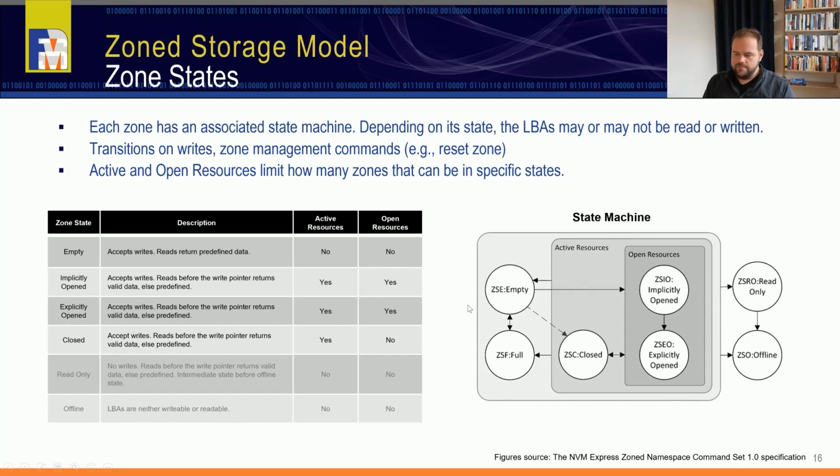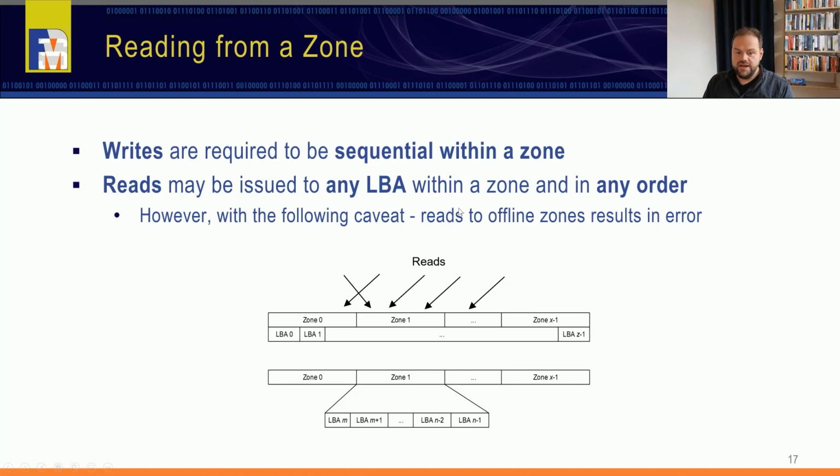That's it. So for reading from a zone, whereas writes are required to be sequential within a zone, reads may be issued to any LBA within a zone and in any order. There is one caveat, and that is if the zone is in the offline state, which means it's basically offline, not addressable, you can neither write to it nor read from it, then that would result in an error.